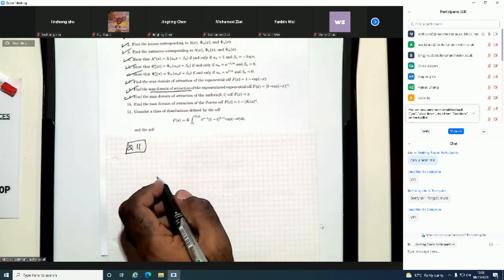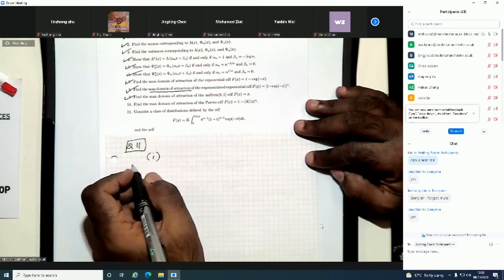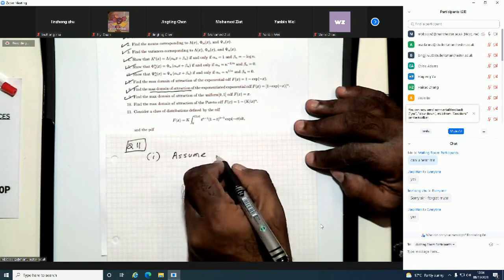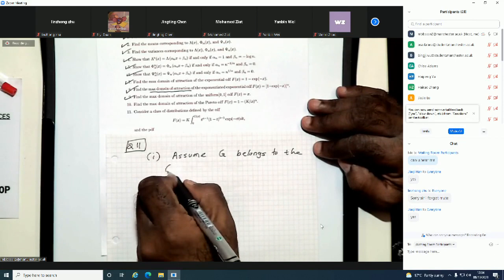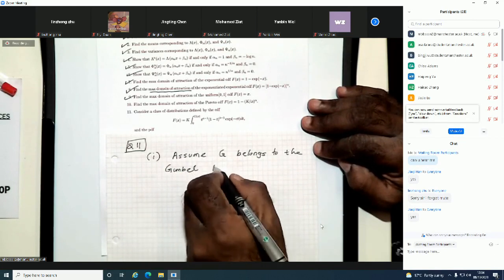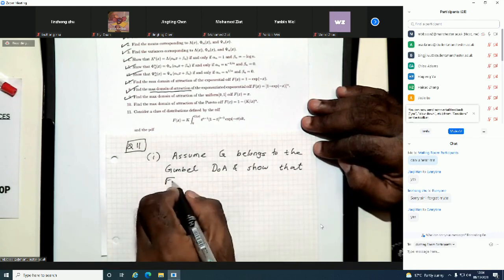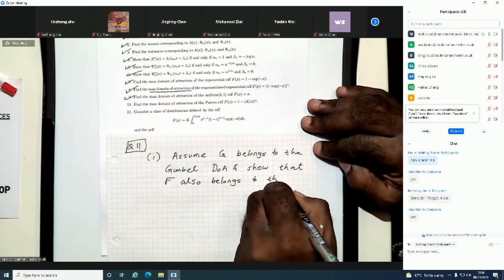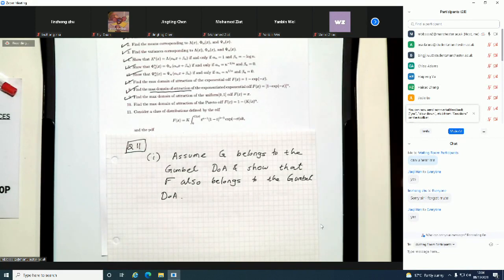Right? So you need to do three things. Number one, assume G belongs to the Gumbel domain of attraction.